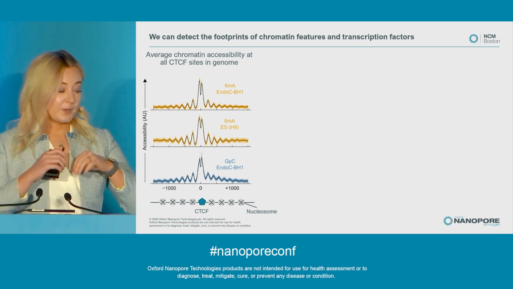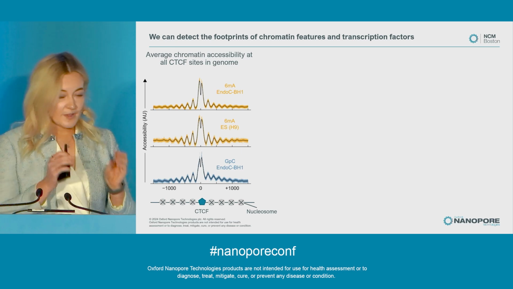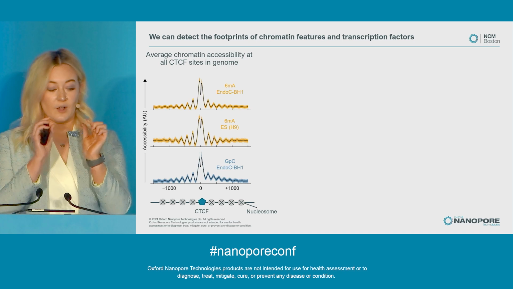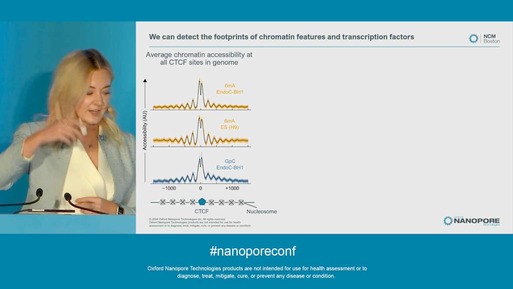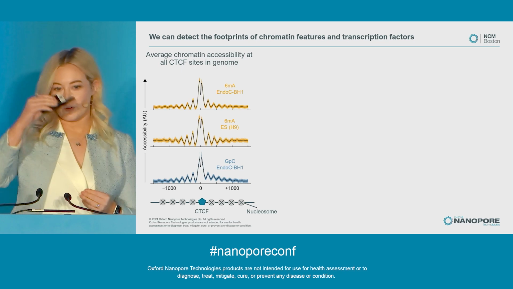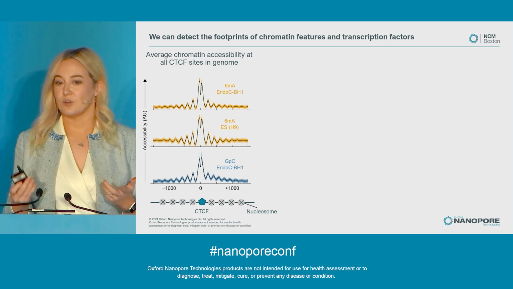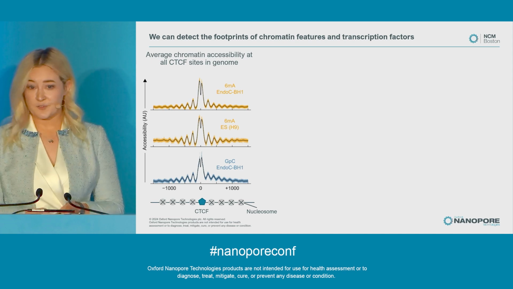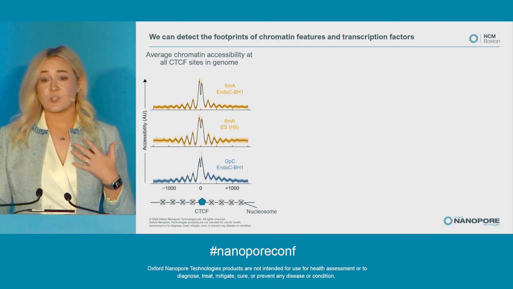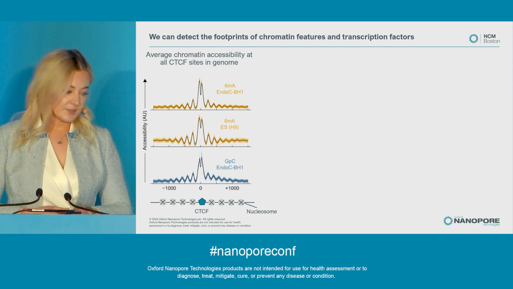Immediately surrounding that are peaks of accessibility. But then surrounding the actual CTCF site are nucleosomes. And then we get this wave pattern of accessibility, which corresponds to the accessibility surrounding the nucleosomes. We've identified this pattern in the two different methyltransferases that we use, but also in the different cell types that we've been looking at.